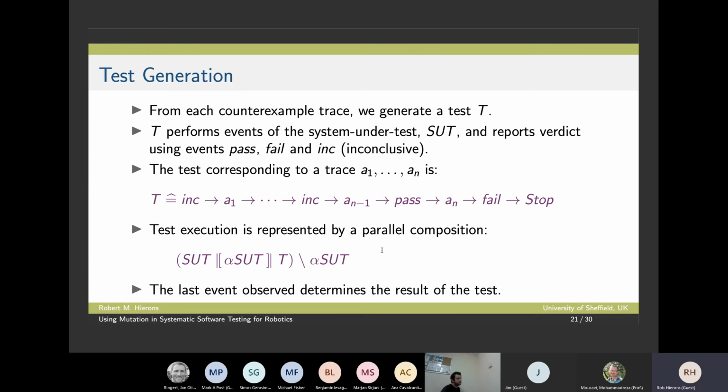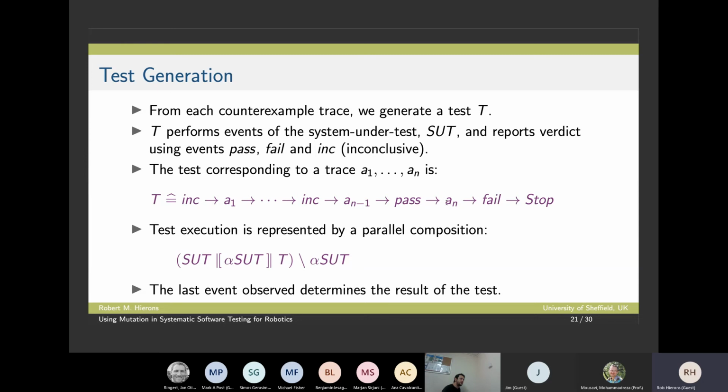Test generation, as mentioned, is based upon counterexamples. Essentially, a counterexample is something that shouldn't happen. And so a test is an attempt to make that happen. So we describe the test as simple traces such as this, where essentially our verdict is inconclusive until we've observed the last but one action.